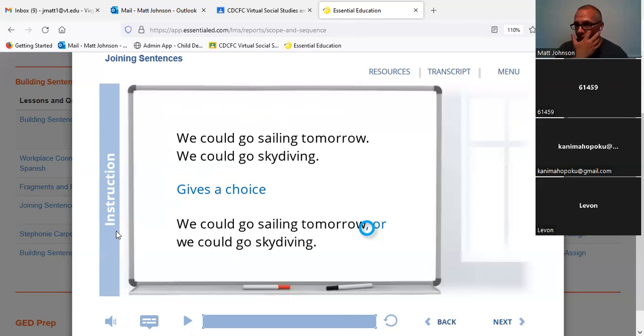So you would combine it with and, right? Or something like that. So context in these sorts of situations when you're taking your test will matter. We will go sailing tomorrow, comma, conjunction, or we could go skydiving. Two independent clauses put together.